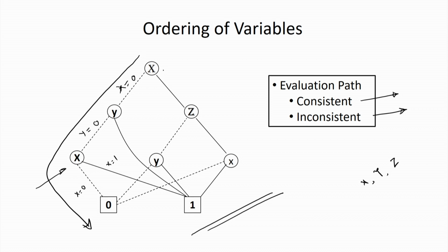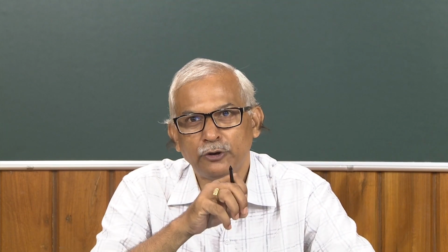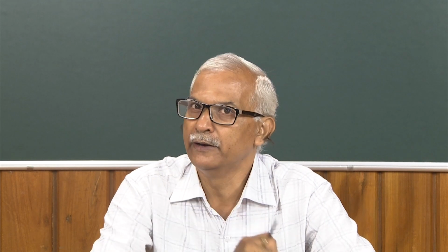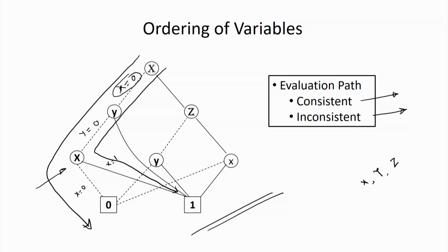But if we consider the other path, then this path is treated as an inconsistent path, because in a particular evaluation the variable values will be either 0 or 1. It cannot have both values. In this particular case, at some point we are saying that x is equal to 0, and at some point we are saying x is equal to 1. So, this will be the inconsistent path.